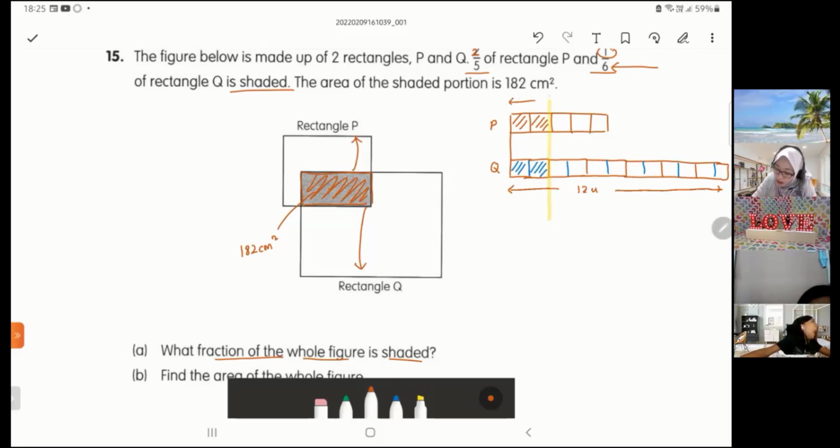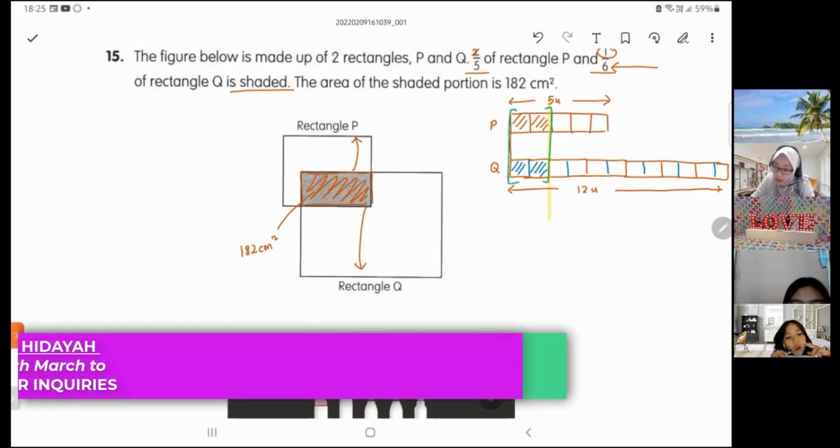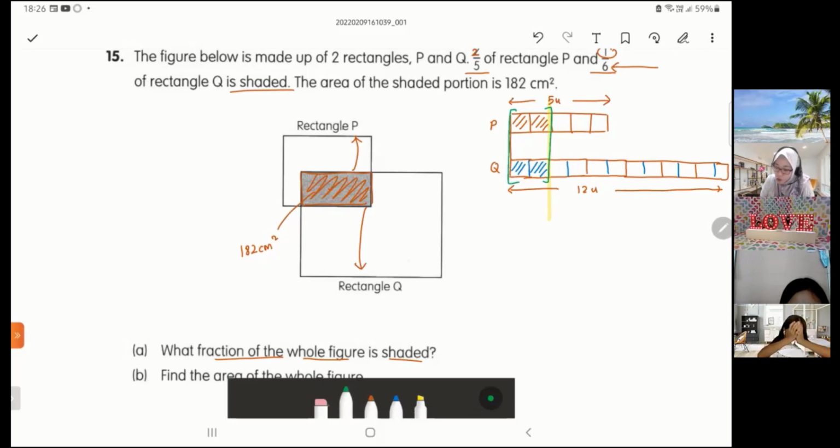However, you must take note, the overlapping part should only be counted once. So I cannot count the overlapping part as 4 parts here. I only count it as 1 because they are overlapped. A part of it is inside P, a part of it is also inside Q.